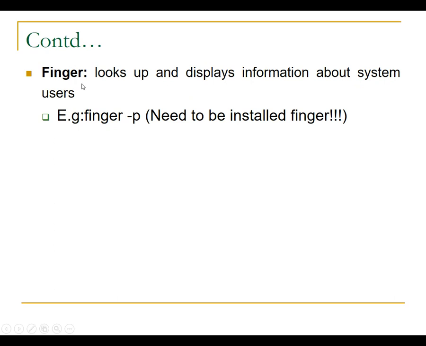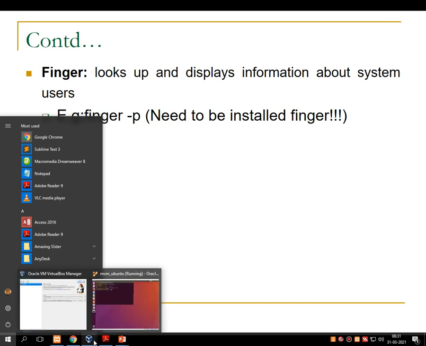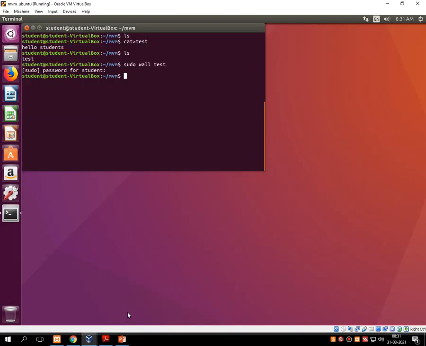Next is finger. This particular command is used to display information about the system as accessed by the users. Say for example the command is like this: finger -p. Press enter.